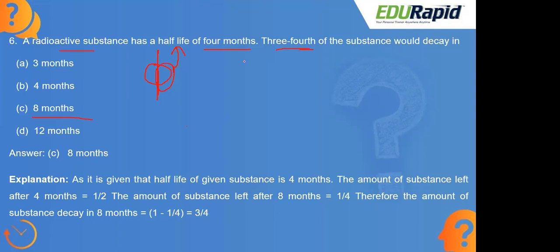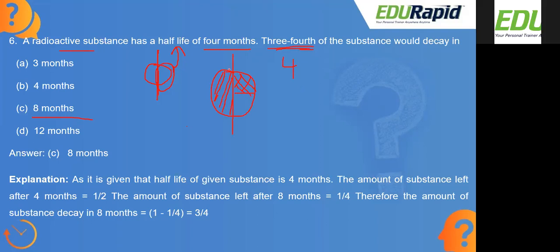The radioactive substance has a half-life of 4 months. So if we have a radioactive substance and it requires 4 months to decay half of it, the question is how many more months are required to decay the rest of this quantity, so that by the end we should get only one-fourth of the radioactive isotope.